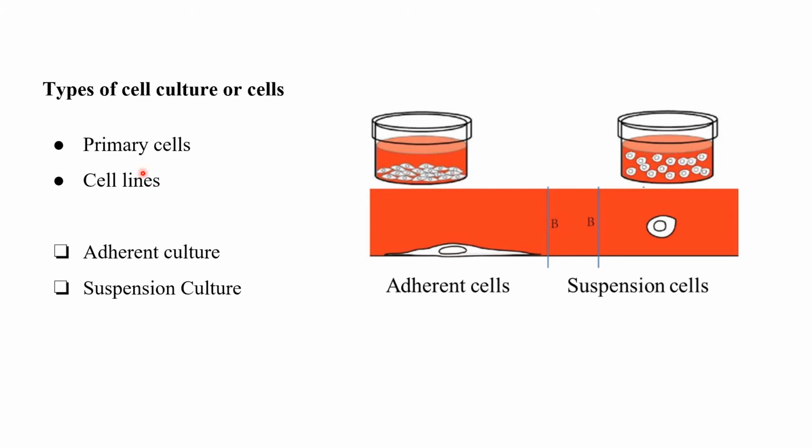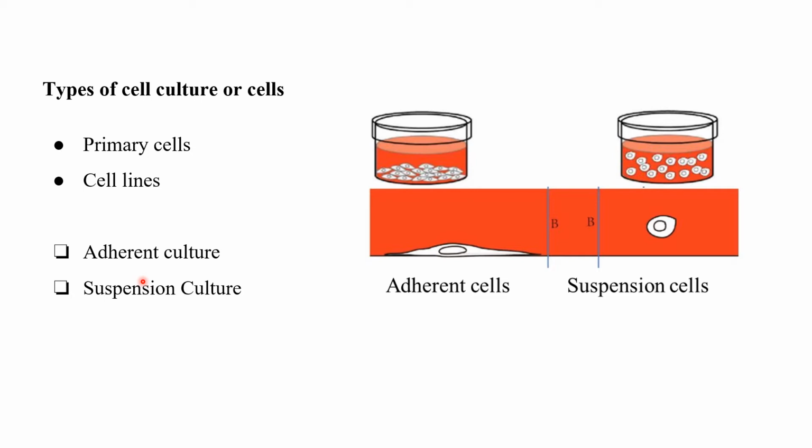So there are different types of cultures, and they are also based on different types of cells. For example, adherent culture and suspension culture. Adherent cultures are those in which the cells have the property that they can adhere to a surface.